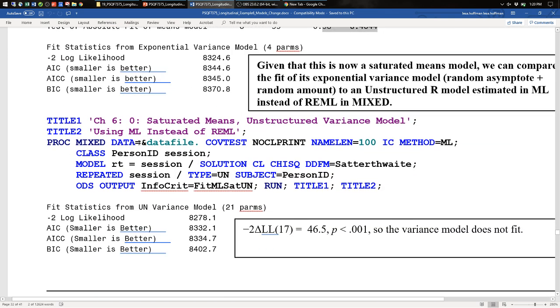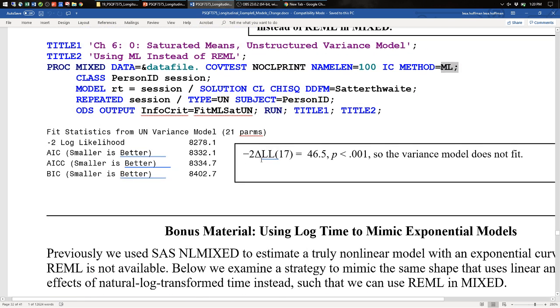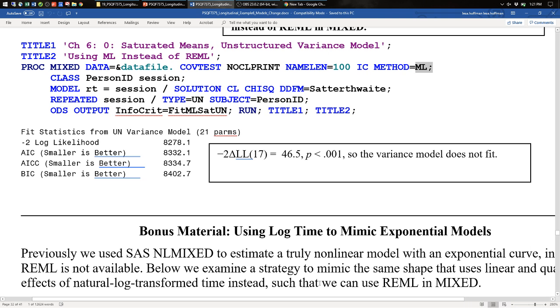In terms of the variance model, I have to go back and get the unstructured model in ML so that I have something to compare to, and no, the variance model does not fit. So the exponential doesn't fit with respect to its random effects. It does fit with respect to its fixed.